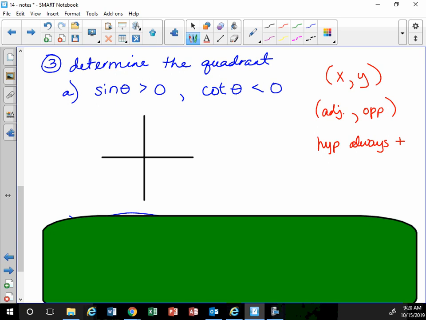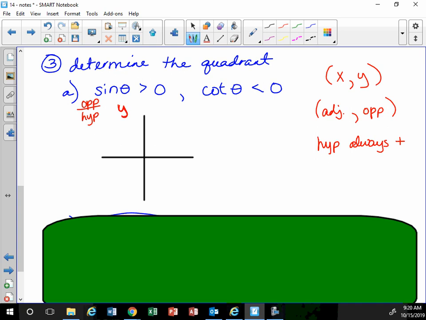So sine, that's opposite over hypotenuse, right? Okay, is the hypotenuse ever going to determine positive or negative for the quadrant? No, because it's always a positive value, right? So really, all you need to think about is the opposite part, or the y value.